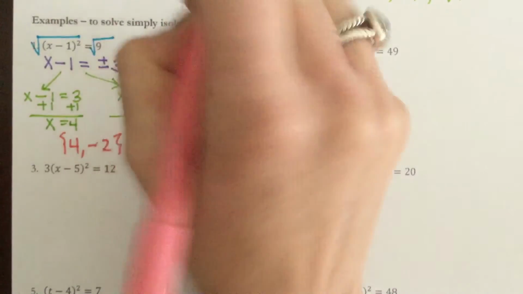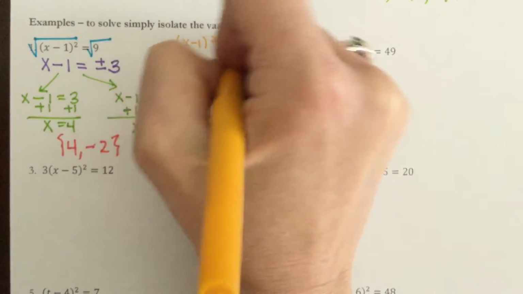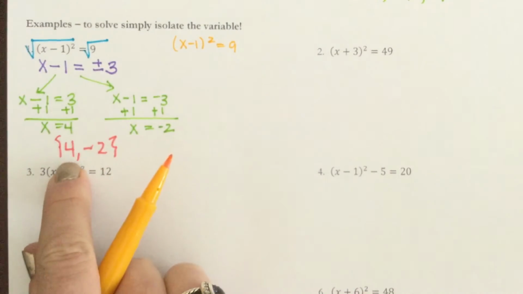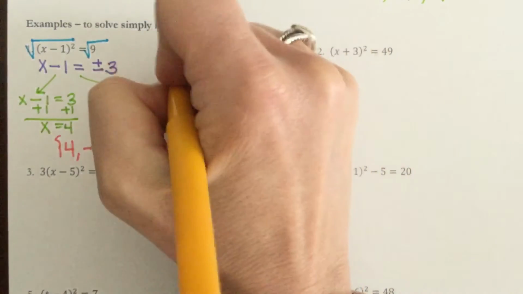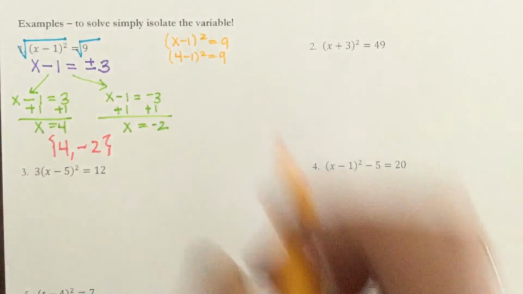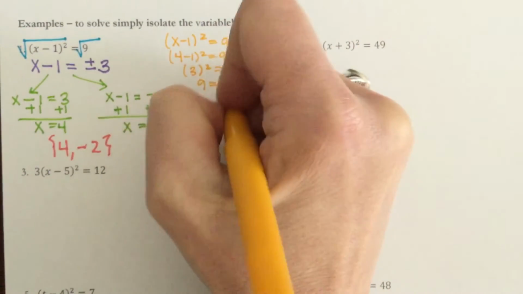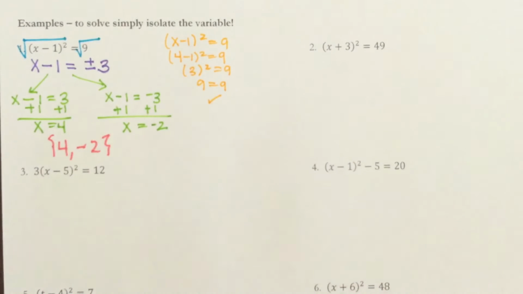So our original problem said x minus 1 squared was equal to 9. So if my x value was 4, this would say that 4 minus 1 squared should be equal to 9. Well, 4 minus 1 makes 3 squared, and we know that 3 squared does make 9.